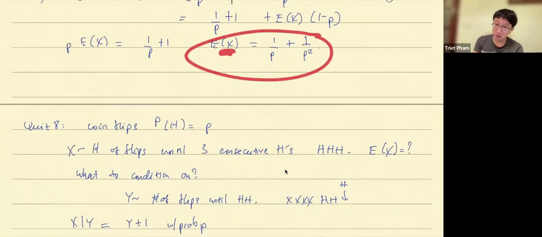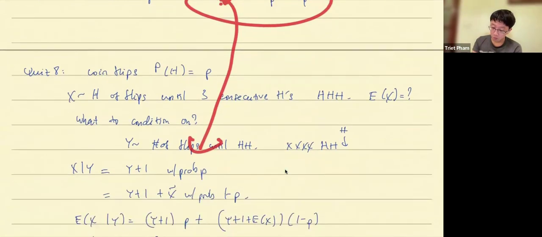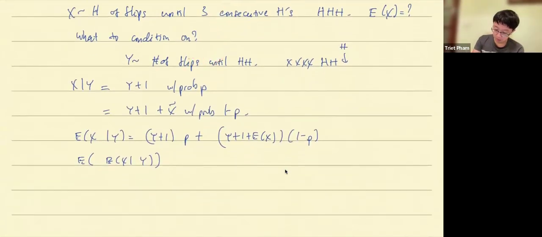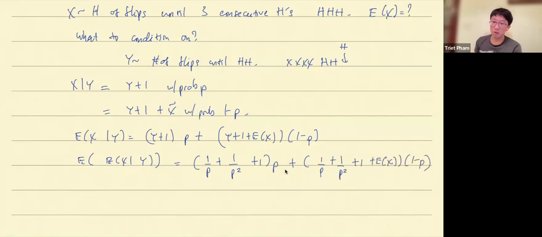So the X in this is the Y in that. What I mean is, this is 1 over p plus 1 over p squared. You understand? But the simplification is the same.